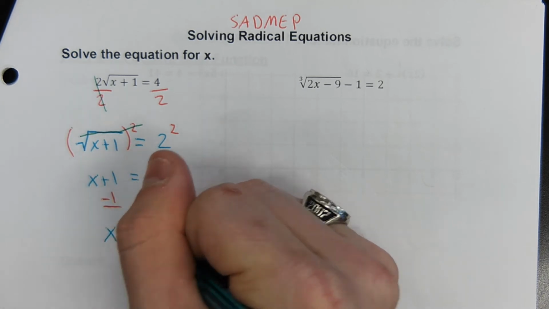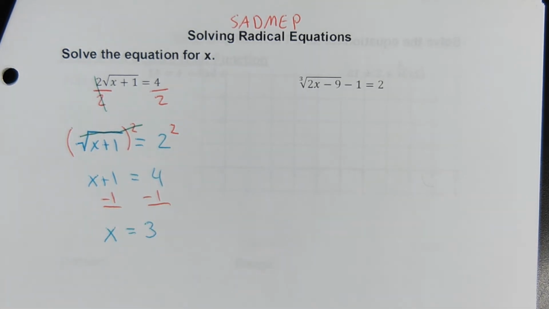I do need you to be very careful, though, with square root equations. Sometimes the algebra can generate an answer that is not allowed. If you remember from previous chapters, we call that an extraneous solution. So all I need you to do is to check to make sure you are actually allowed to substitute this answer in. What do I mean by that?